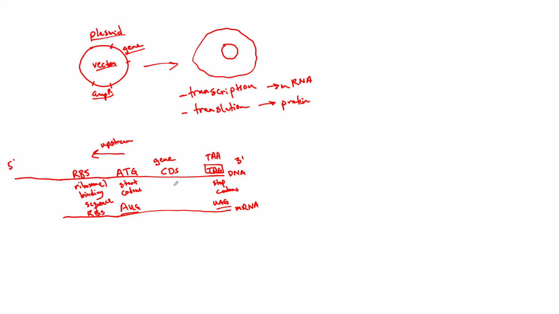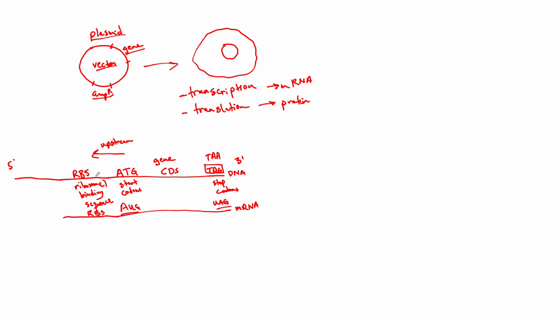We often refer to the coding sequence, the CDS, as the gene sequence proper, starting with the start codon and ending with the stop codon. But you can't just put a CDS into a cell and hope that you get a protein out of it. You also have to have the ribosomal binding sequence.